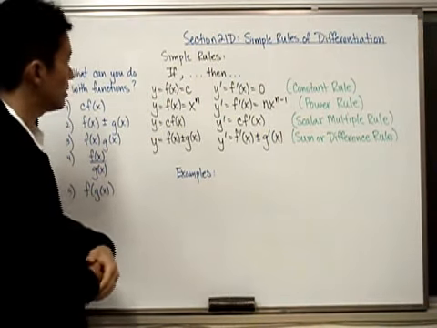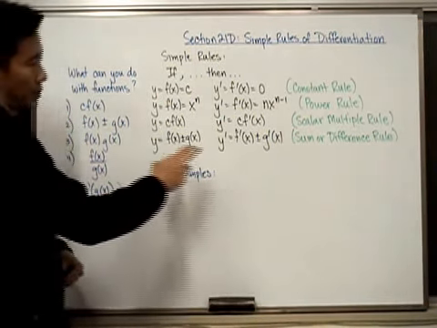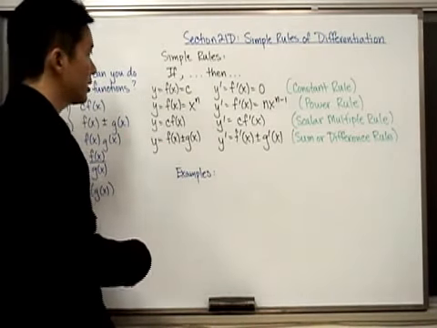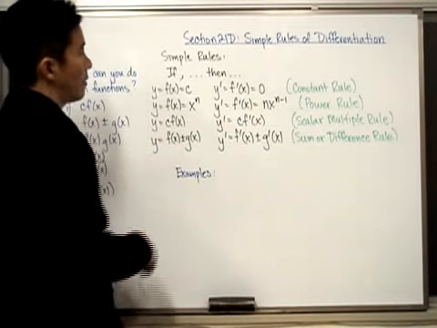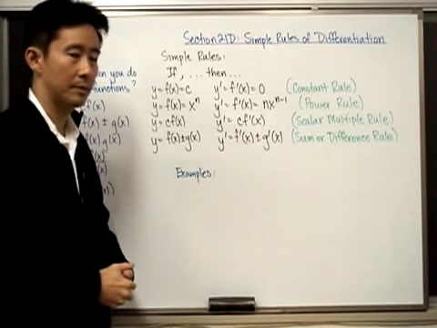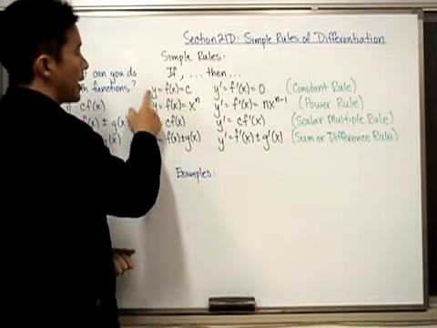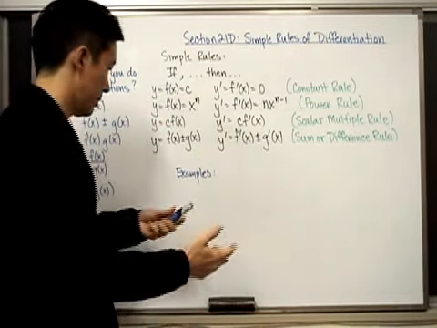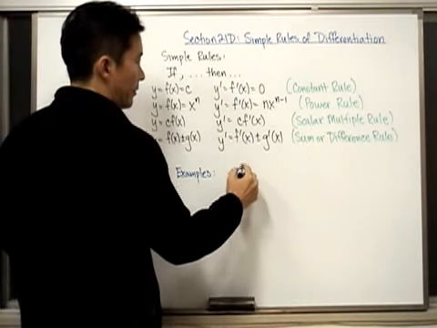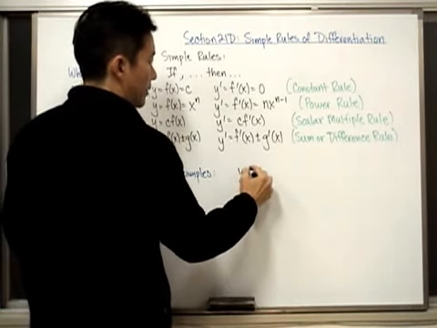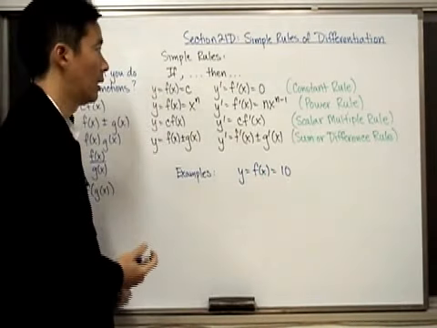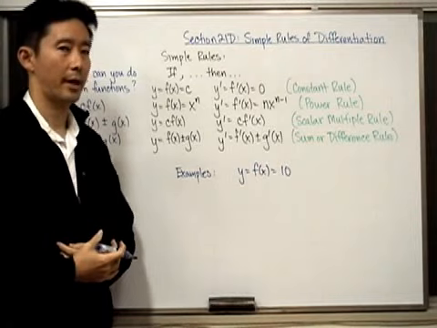In order to do that, we have 4 rules that you need to remember. The first rule says, what if you have a constant function? In other words, what if y is equal to f of x is equal to c? Let's give a concrete example: say y, which is equal to f of x, is equal to 10. What is the derivative of that?